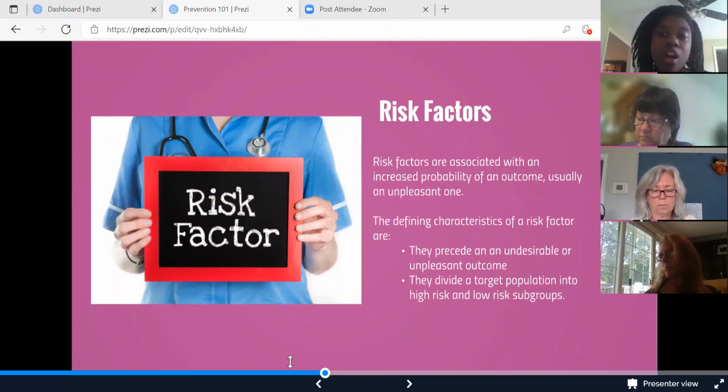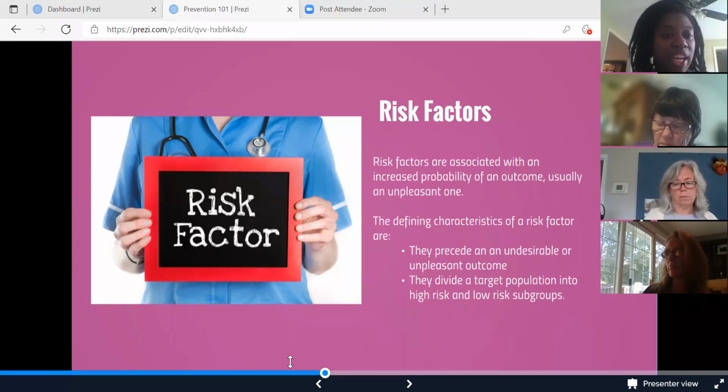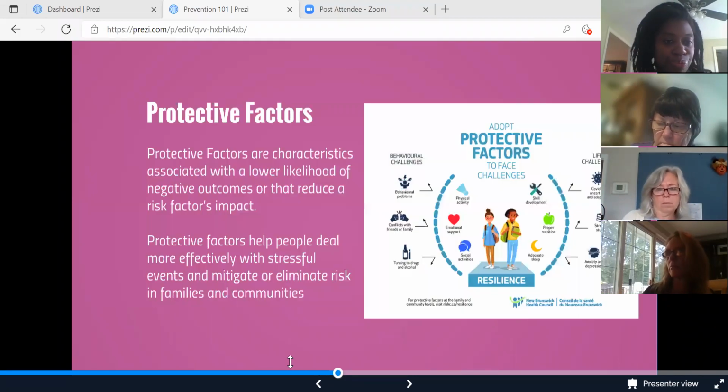If we have a target population, we divide our population into high risk and low risk. If they are exhibiting different risk factors, we can divide our population that way. Now, our protective factors, sorry, I said positive factors.